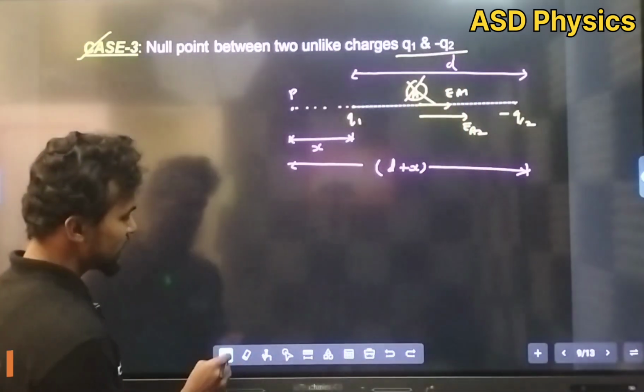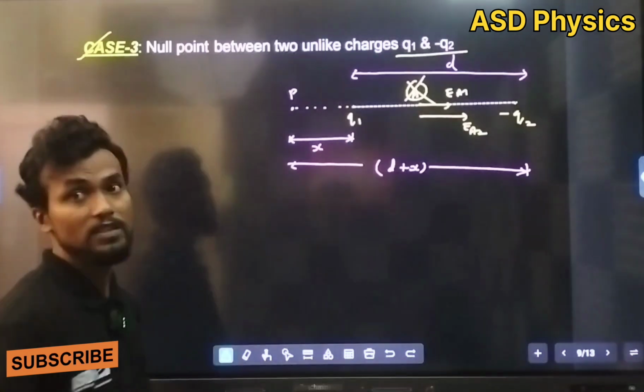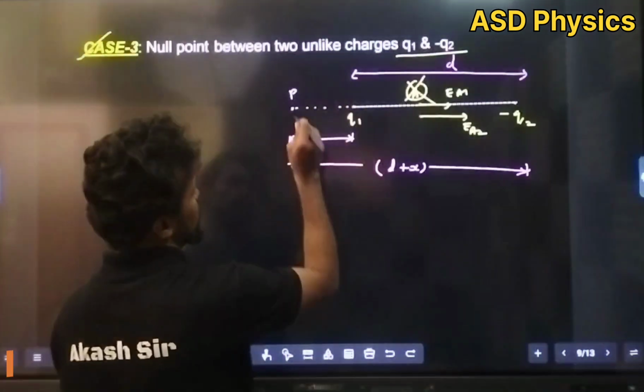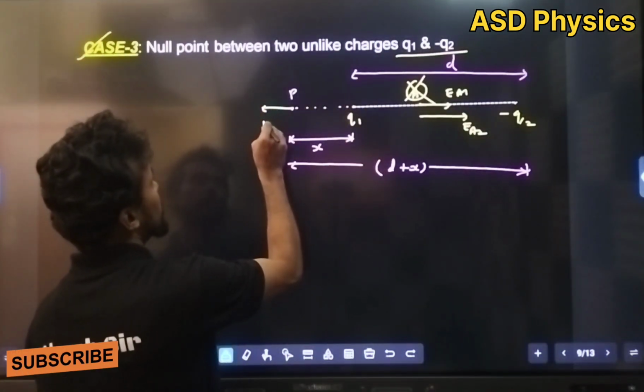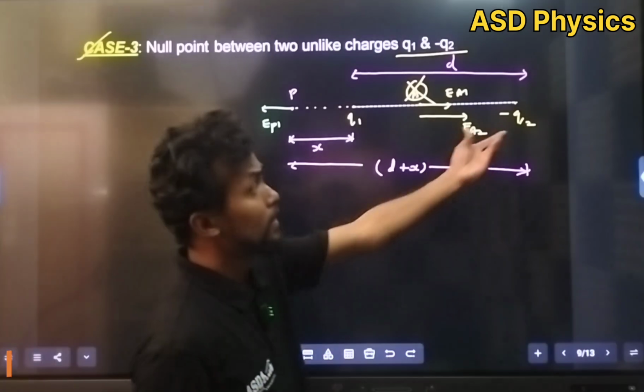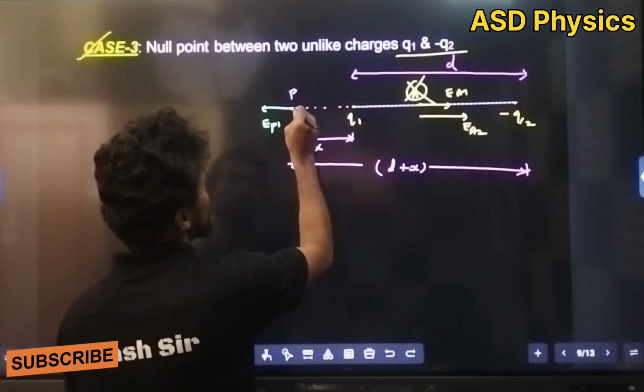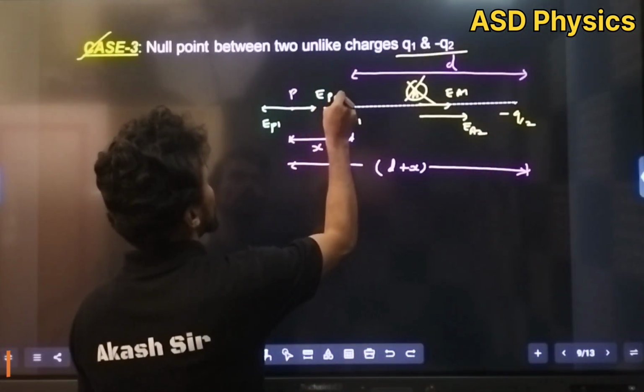Let's draw the electric field lines due to the different charges. Plus Q1 charge means electric field lines away, EP1. Minus Q2 charge means electric field lines are towards it, EP2.